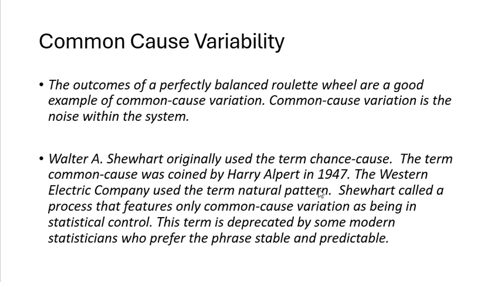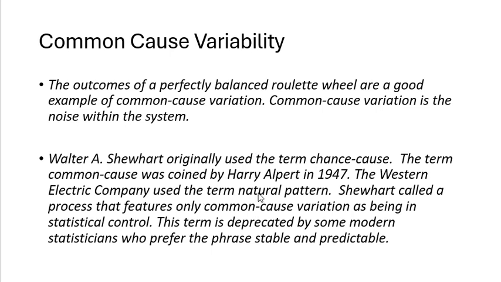These are the same anyway. Shewhart called a process that features only common cause variation as being in statistical control. This term is deprecated by some modern statisticians who prefer the phrase stable and predictable.